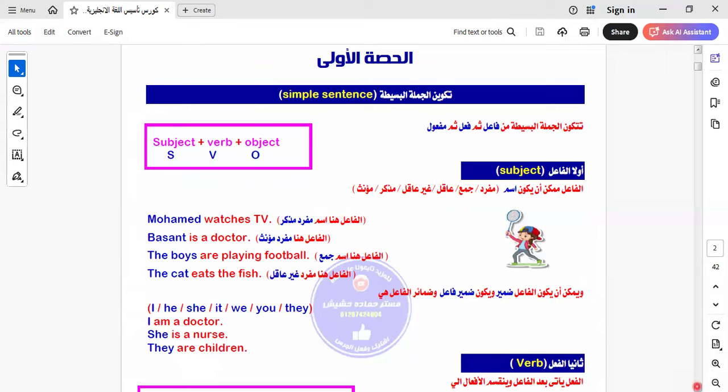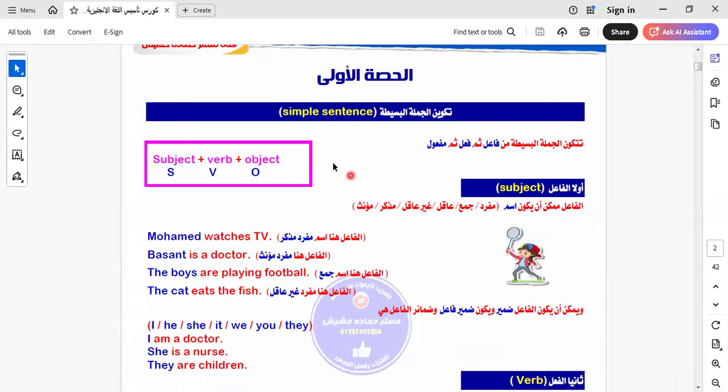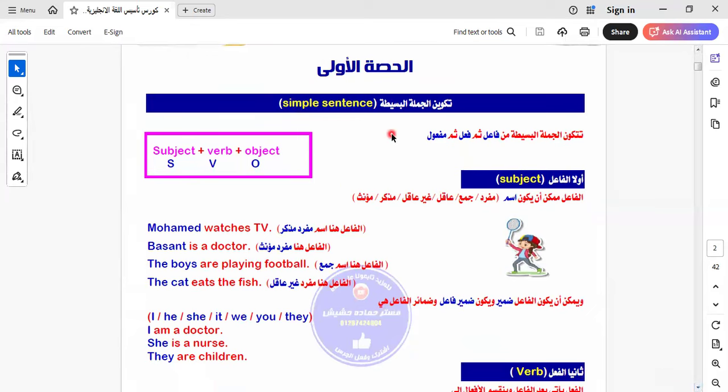In this lesson, we talk about the simple sentence. As we know in the primary stage, I write the rule, which is subject, verb, object. So the simple sentence consists of what? Subject, verb, object.